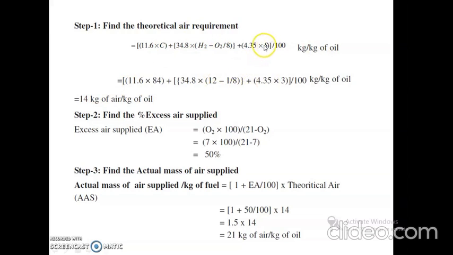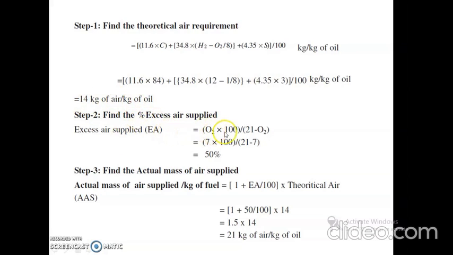In our case sulfur percentage is also given, so you can substitute the values of various elements, and then you can calculate the theoretical air required, which is 14 kg of air per kg of oil. Now second, we have to calculate the excess air.